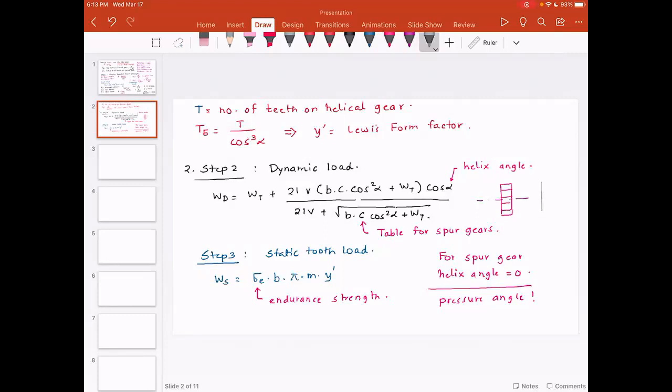And the helical gears are cut at an angle. This angle is alpha. But please note, if you want to verify, you can substitute alpha equal to 0 in the equation for dynamic load, and you will get the same equation as the spur gear.